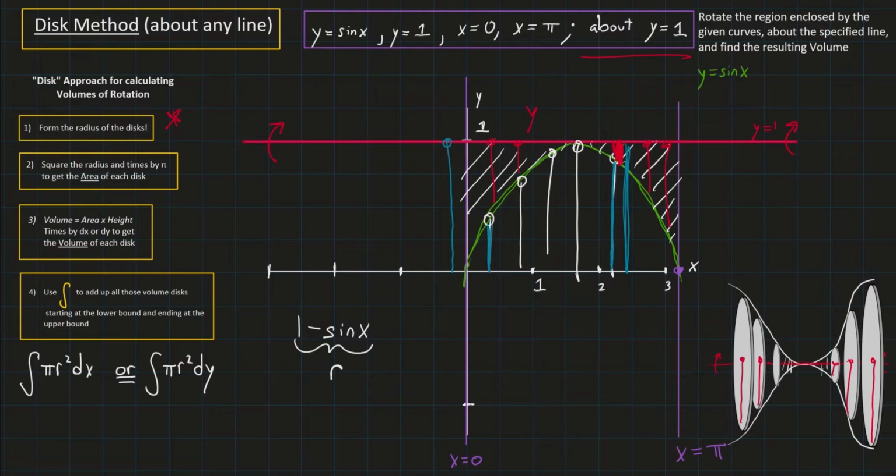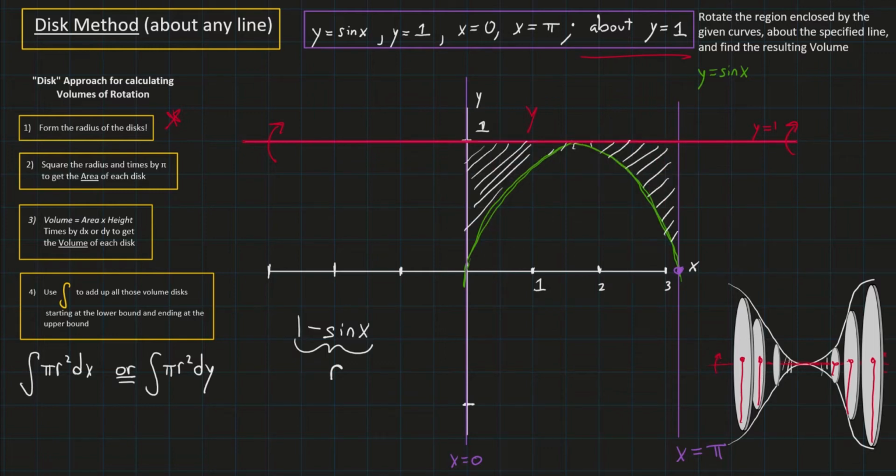You've got to be extremely careful when you're rotating a region, an area, about a line that is not the x or y axes. One more time. The length to the y is equal to 1 line, that red line of rotation up there, is 1.